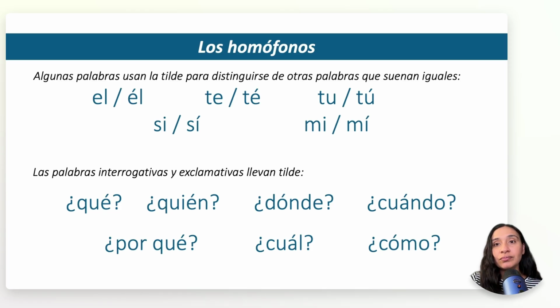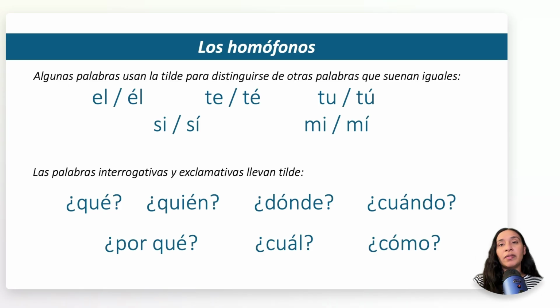So remember, homophones are words that sound the same but have different meanings. Okay, so sometimes they have different spellings because of the accent mark.